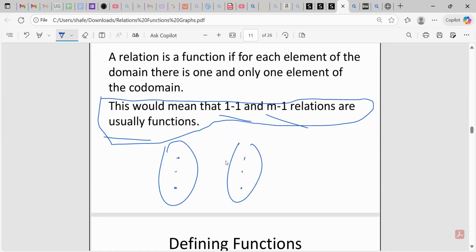For each element of the domain, it matches to only one over here. You don't have it going to 2. It only goes to 1. In other words, one arrow leaves every one of them in the domain. And then you call it a function.